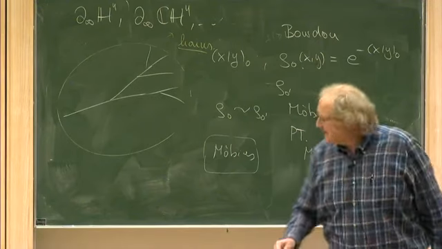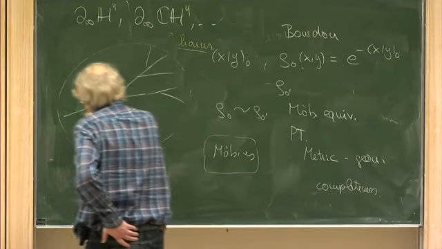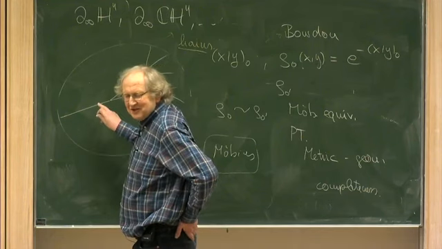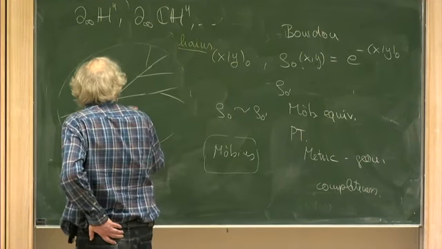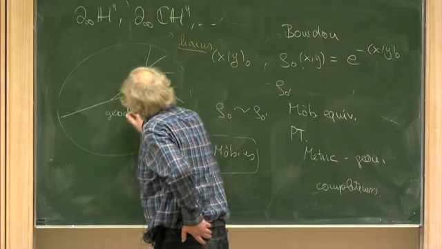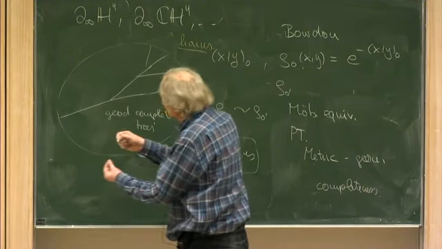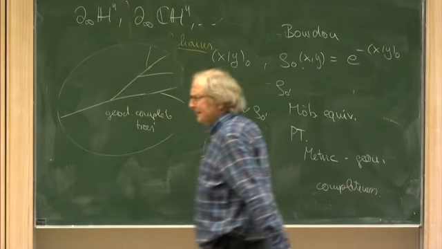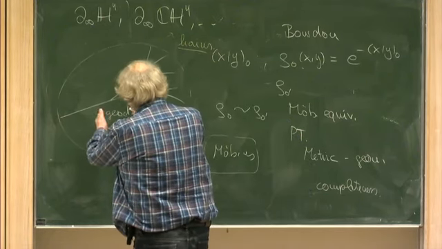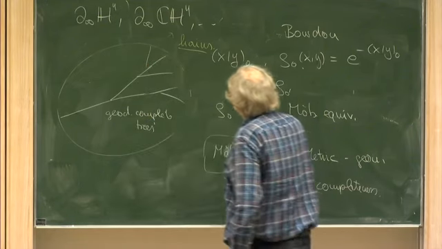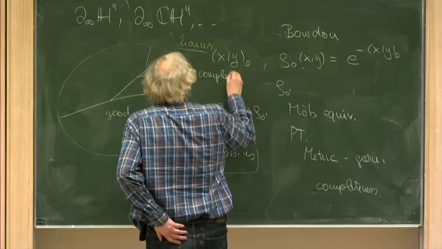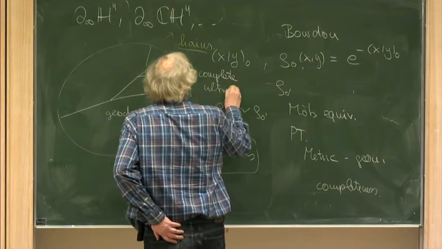You have to have some assumptions, namely the tree has to be geodesically complete. So this means that every geodesic segment in the tree can be extended to a whole geodesic. And so you have in the interior geodesically complete trees, and on the boundary complete ultrametric Moebius structures.